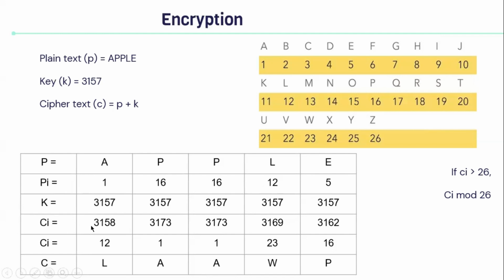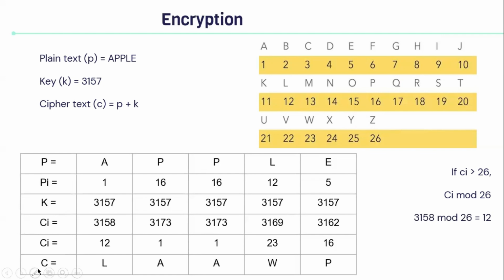For A, it would be 3158. So we have to mod it with 26. 3158 mod 26 is 12. So the new CI value would be 12, and the alphabet associated with 12 is L.